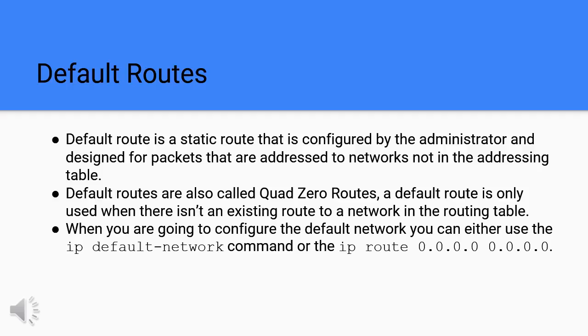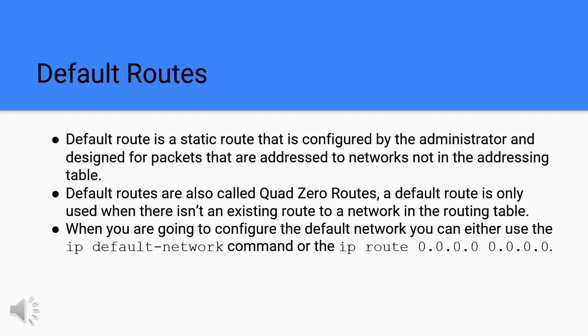Default routes are also called quad zero routes, as I mentioned in the previous slide. It is really only used when there isn't an existing route to a network in your routing table.